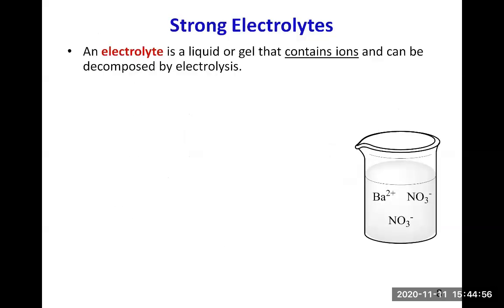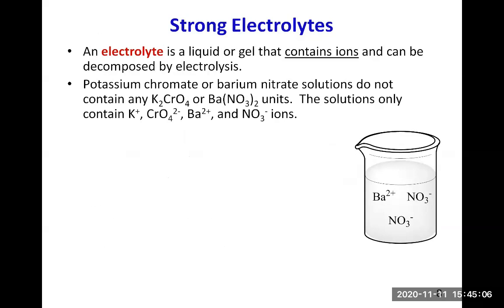What is a strong electrolyte? An electrolyte is a liquid or gel that contains ions and can be decomposed by electrolysis. For example, potassium chromate or barium nitrate solutions do not contain any K2CrO4 units or Ba(NO3)2 units, with two nitrates per barium.